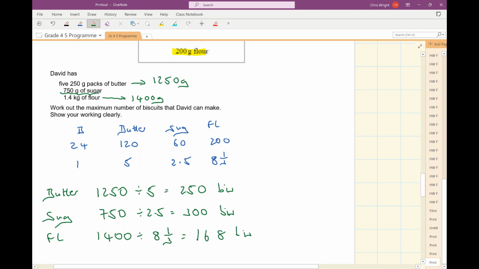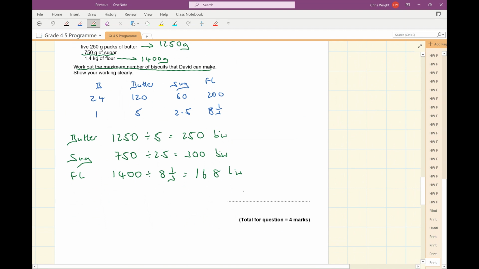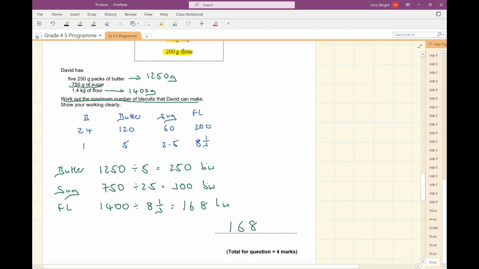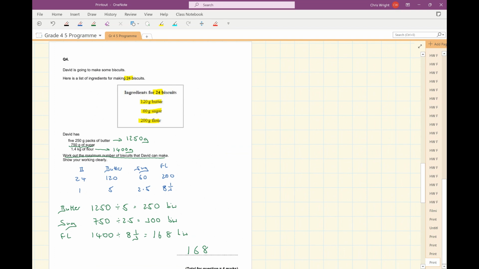So let's go to the question. Work out the maximum number of biscuits David can make. Well, the maximum number of biscuits he can make is 168, isn't it? Because at that point, he'll run out of flour. So that is my solution for question 4.